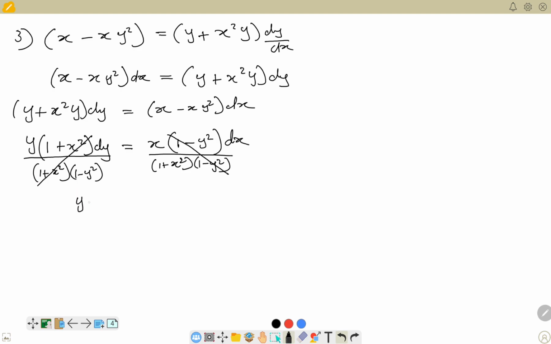So this side will be left with y dy over 1 minus y squared equals x dx over 1 plus x squared. So now we can integrate.